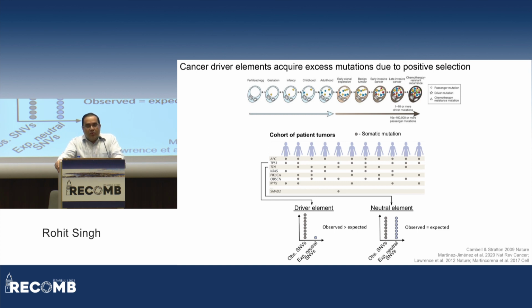And so one useful way of trying to look for driver mutations is to look for cases where in cancer you see the mutation at a much higher rate than you would expect from the neutral mutation rate. And while this particular example is about genes, the same intuition applies to any part of the genome, to the non-coding region as well.